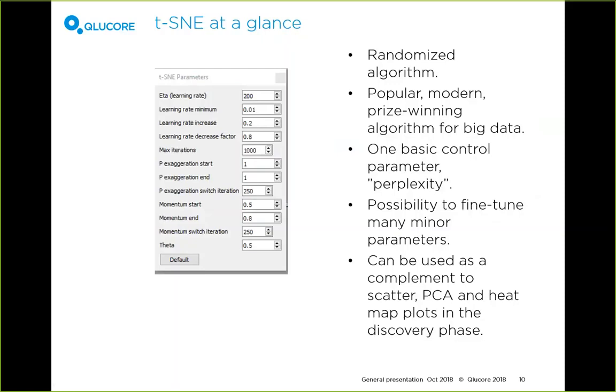And perplexity is, to state it in layman's terms, basically a soft measure of how many neighbors a sample has. So if most samples have about 5 neighbors close to them, then you'll end up with a perplexity of 5. That will give you a good plot which shows the clusters in a good way.